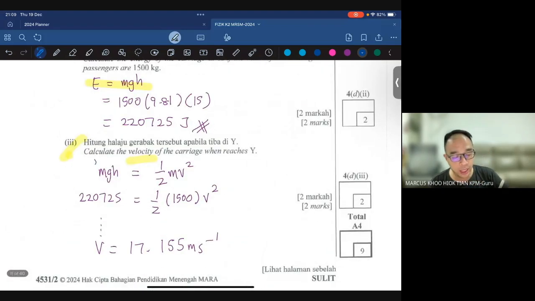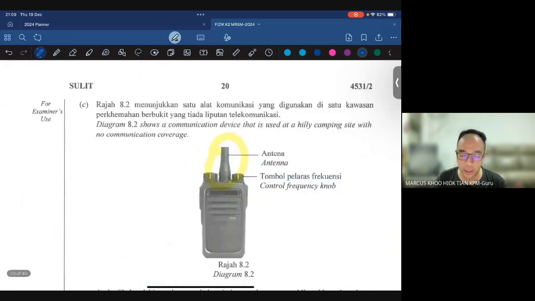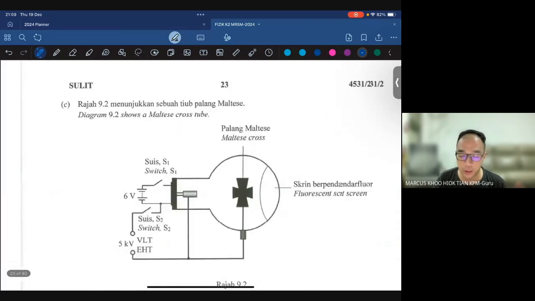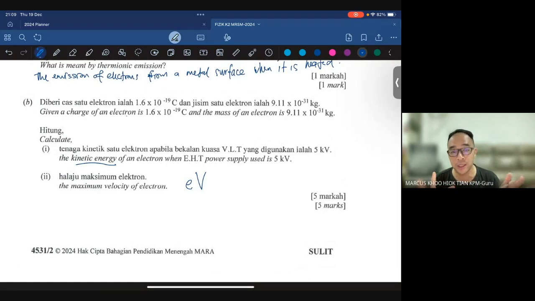Okay, the mgh equals to half mv squared. Something equals to the kinetic energy. In this case, it's not gravitational potential energy, but rather it is electrical potential energy. Electrical potential energy equals to the kinetic energy. This is the standard for thermionic emission.